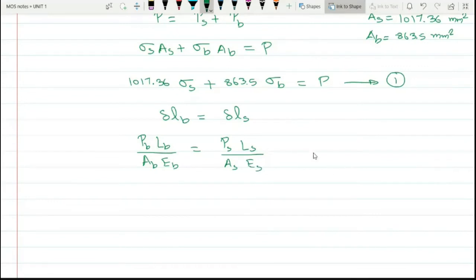This is my formula for change in length for brass and change in length for steel. Let us identify the values. You know the values for AB, EB, AS, ES. The only thing is I have to concentrate on LB and LS. So what is my LB?